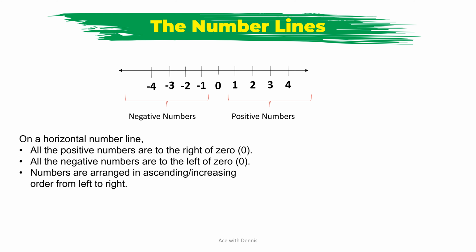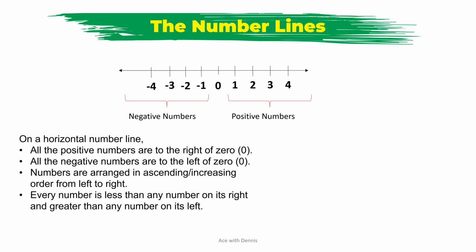The numbers are arranged in ascending or increasing order from left to right, which means that every number is less than any number on its right and greater than any number on its left. Let's compare these two numbers, negative 2 and 3. So negative 2 is less than 3. How about negative 2 and negative 5?